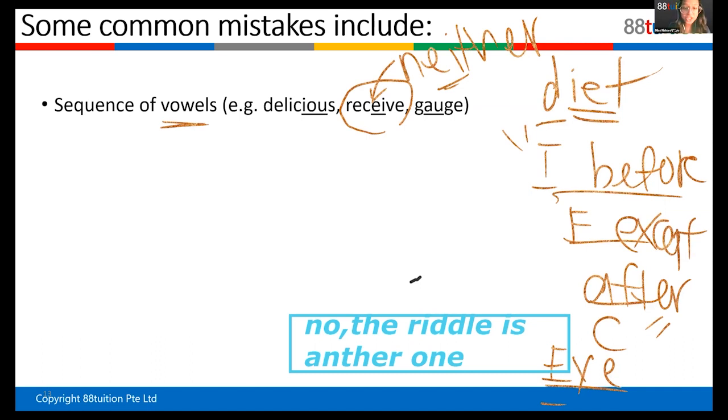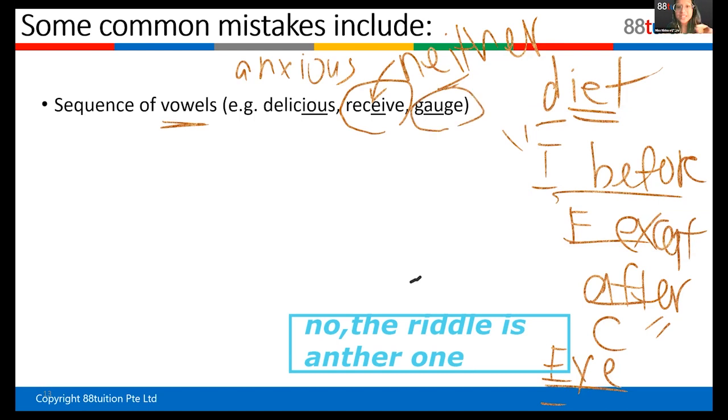Next one, delicious, the "sh" sound. Sh is always I-O-U-S, right? Delicious, anxious. Conscious, again, C-O-N-S-C-I-O-U-S. Obvious, again, O-B-V-I-O-U-S. So the order of the letters, the "us" sound, okay? Now, this one, gauge. Gauge means to measure how well I'm doing something, okay?